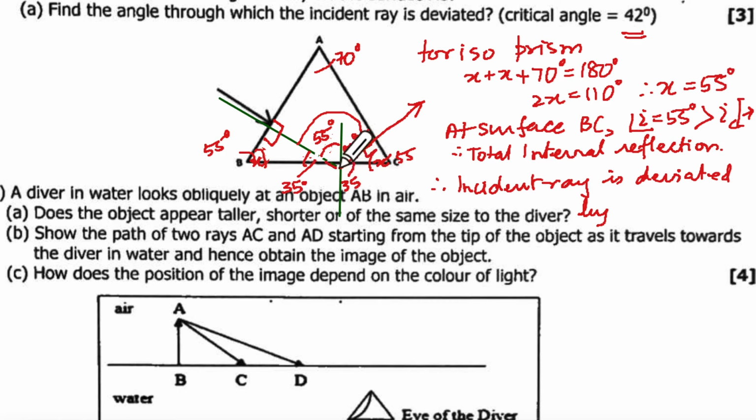See, this was the incident ray like this, correct? The angle through which incident ray is deviated, so this will be the angle of deviation. If it was going this way and now it has turned this way.